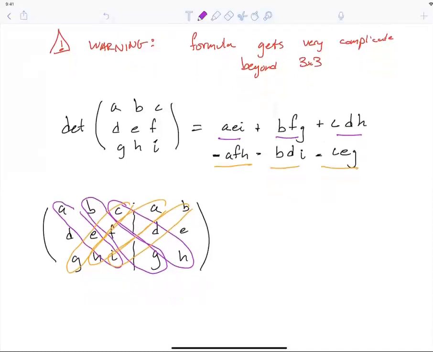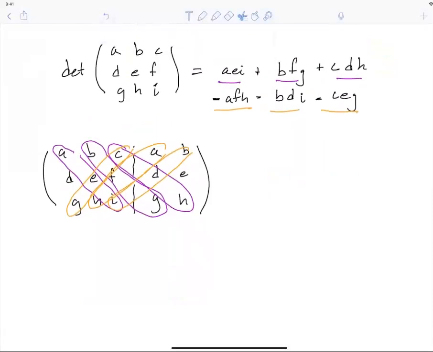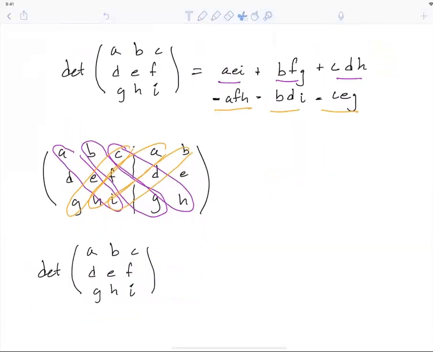Another way of writing the determinant is A times the determinant of a smaller matrix. You can view this as A, and the terms that you're adding and subtracting with A happen to coincide exactly with that matrix.